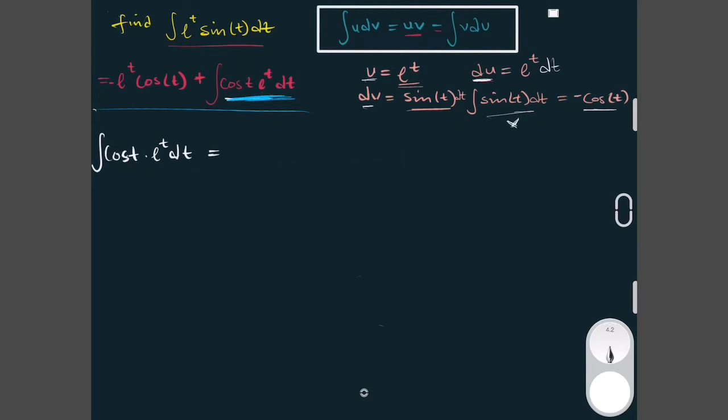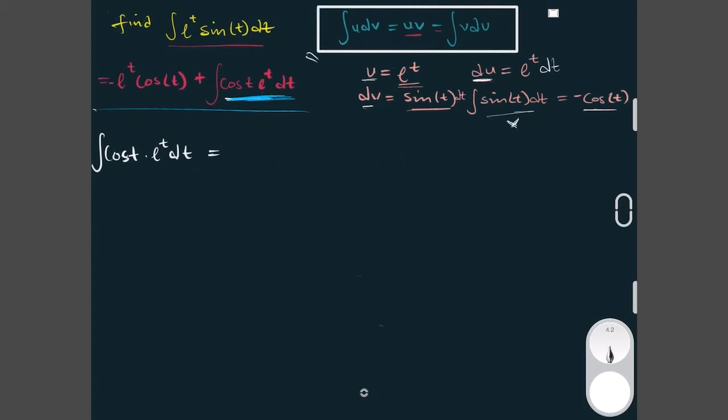So we could do u2, or we could just mentally do it using our equation here. So we could say, okay, cosine of t must be the derivative of something, so we have to take the antiderivative.